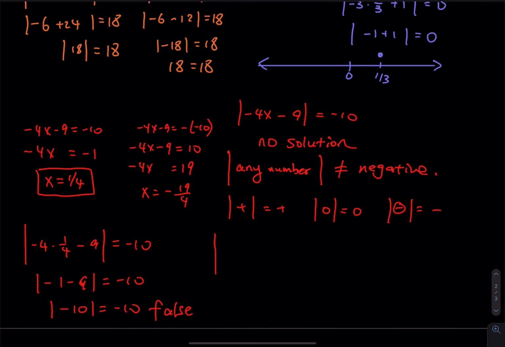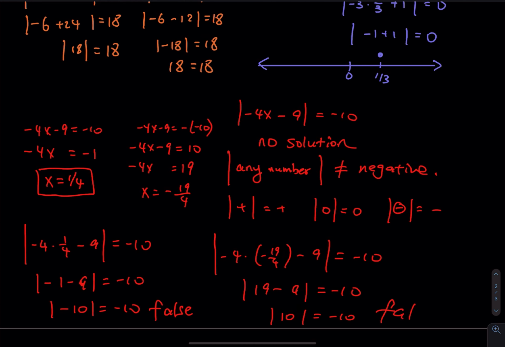And then the absolute value of negative 4 times negative 19/4 minus 9 equals negative 10. So you have the negative cancelled, 19 minus 9 equals negative 10. The absolute value of 10 equals negative 10. This is also false. So basically, if you go this way, your answer is completely wrong. You are not going to get a single point for your work.